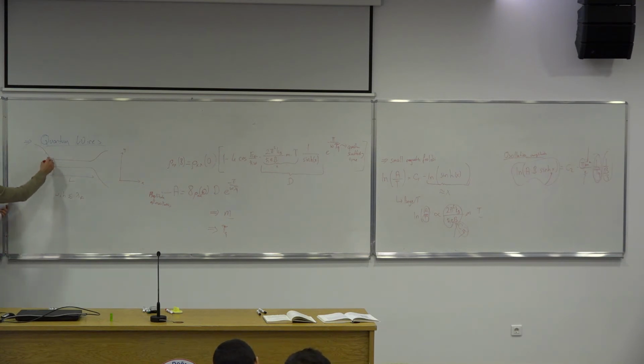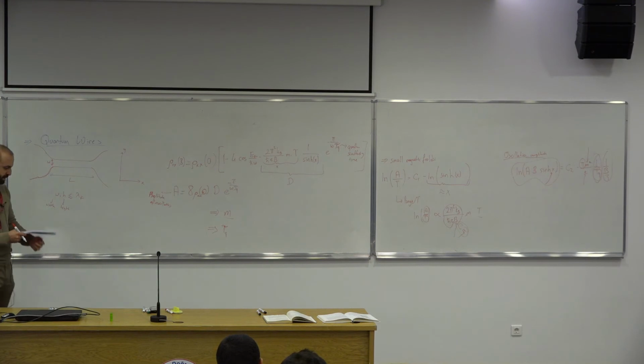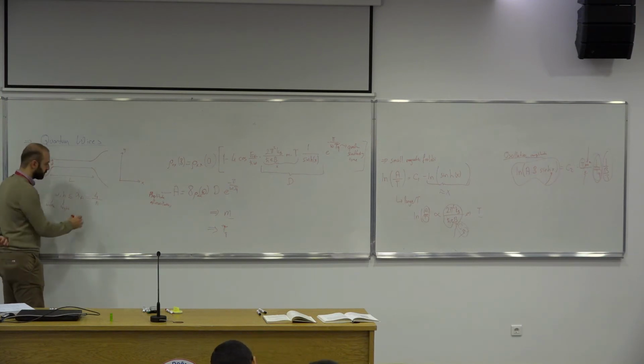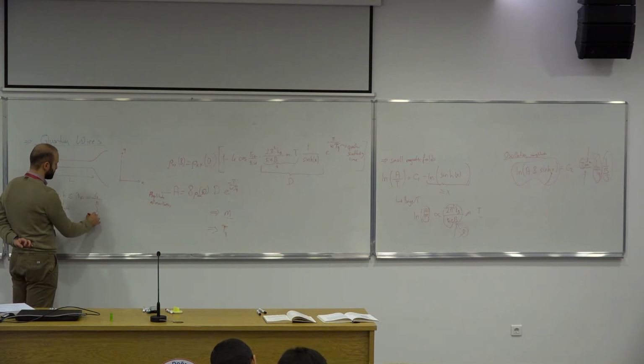W is the width of the wire, H is the height, and L is the length of the nanowire. So, if you remember, the Fermi wavelength is given by 3 electrons, 4 over n, where n is the density of electrons.